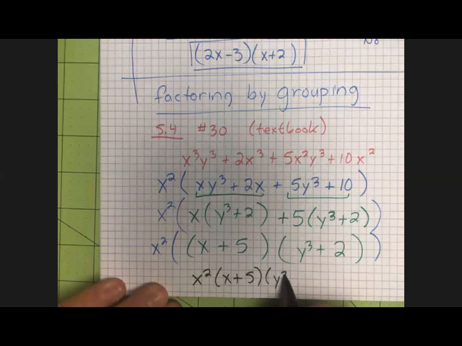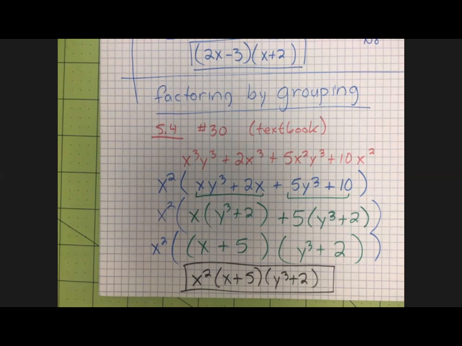It's y cubed plus 2. I cannot do better than that, even with the things I'm going to show you after the break. So this is factored completely. That's our goal, always completely.